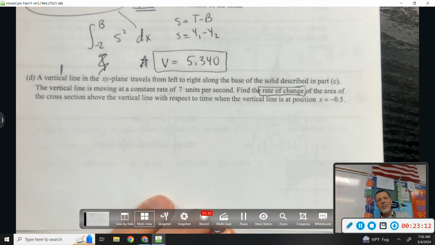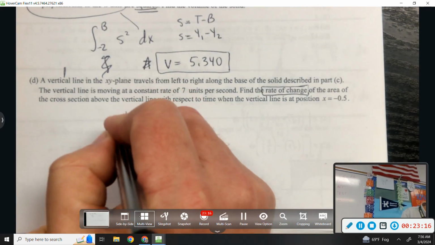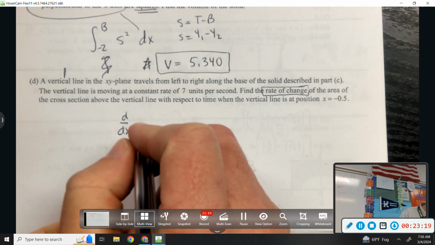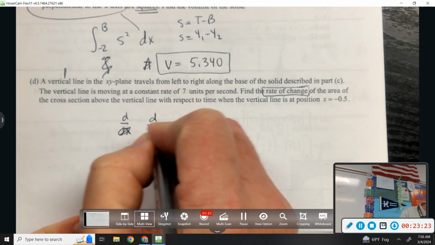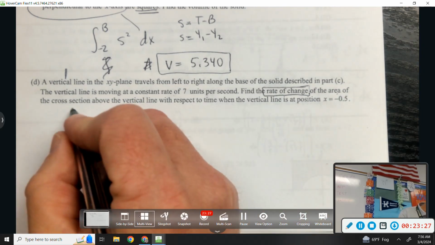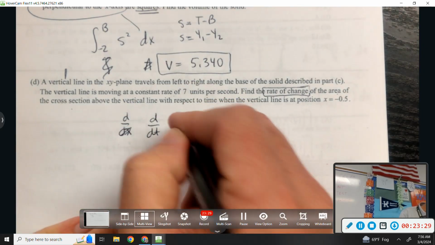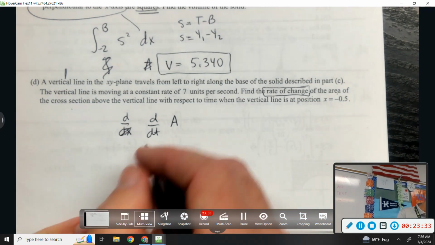Find the rate of change, so that's a derivative. So find the derivative with respect to time, so d/dt, of the area of the cross section above the vertical line when the line is at negative 0.5.